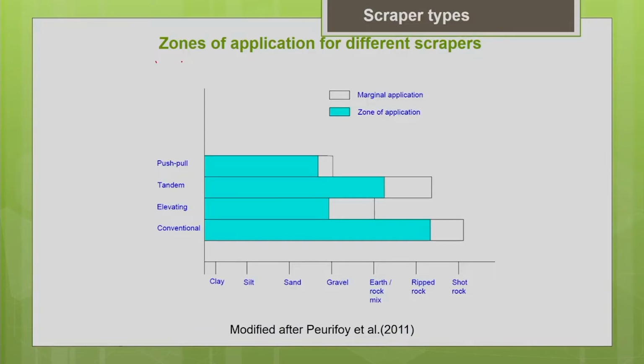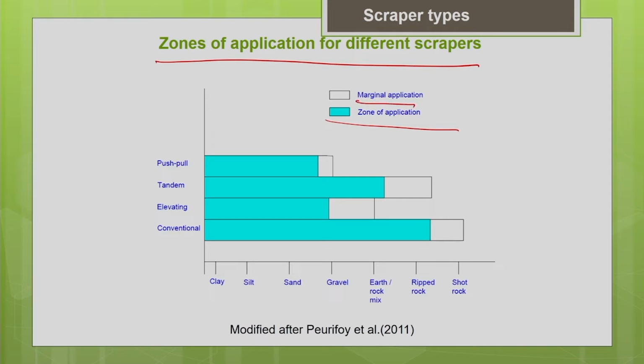Now let us see the zones of application of the different scrapers. You have to select the scraper based on the type of material at your project site. In this picture, blue indicates the zone of application, and white indicates the marginal application of the particular scraper.